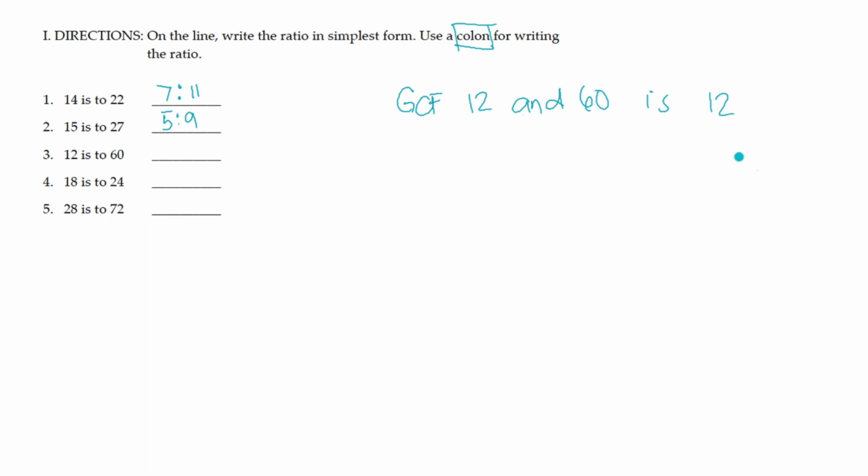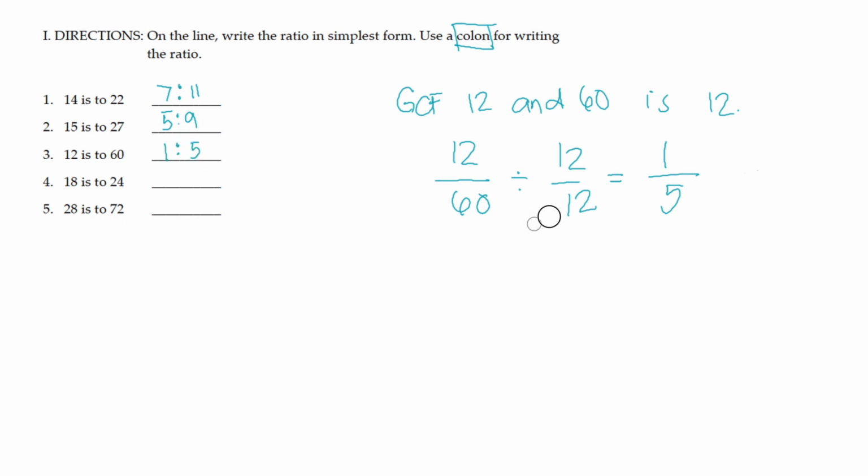Ito yung pinakamalaking number kung saan pwede natin silang i-divide pareho. So, we have 12 over 60 divided by 12 over 12. 12 divided by 12 is 1. 60 divided by 12 is 5. So we have 1 over 5 or 1 is to 5.